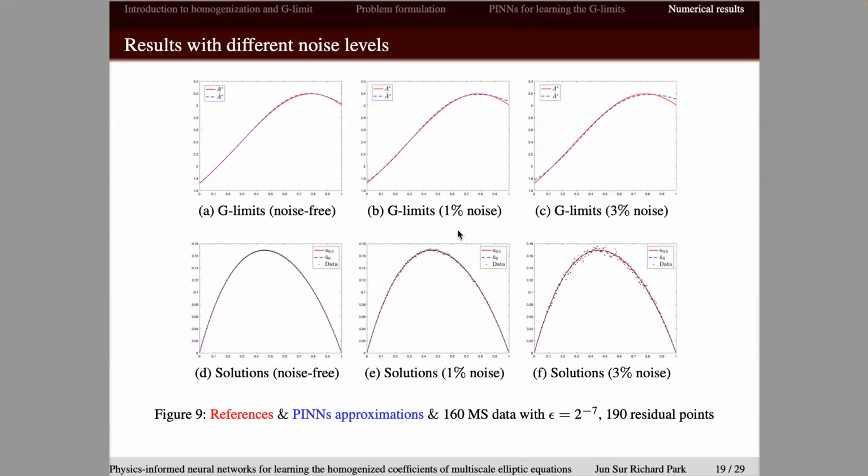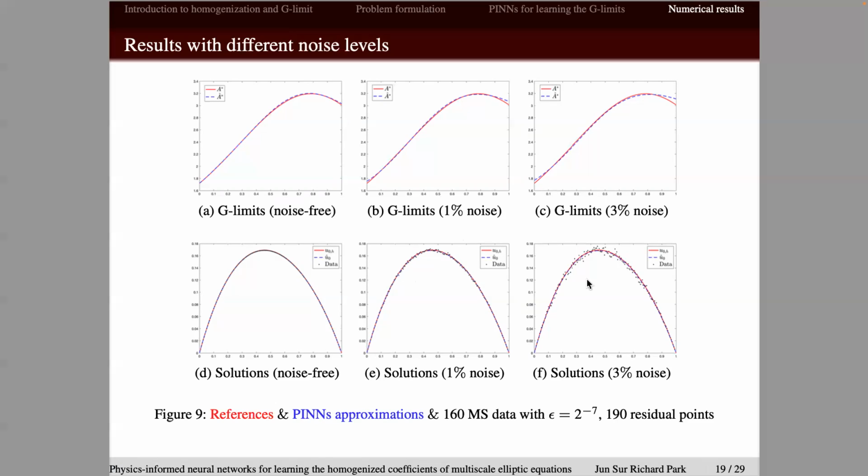Right. So these are the results with different noise levels. With a high level of noise, we do expect that we will have some not very accurate results. But when we have noise-free data or 1% noise data, we can successfully capture the major behavior of the G limit with the PINNs. And also here, we can observe the same thing as before.